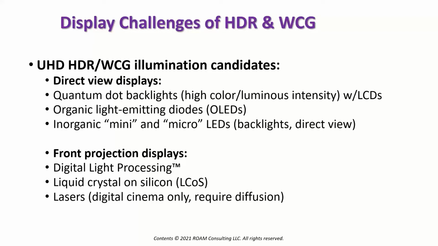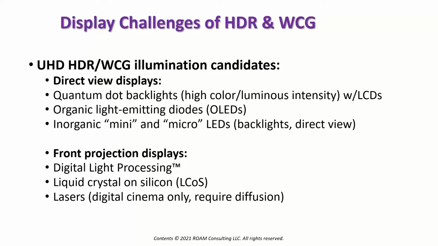For front projection, there's digital light processing, DLP, which is the technology that BenQ uses, and DLP is used in cinemas to show high dynamic range, wide color gamut films and movies. So it works quite well for that. Liquid crystal on silicon, LCOS, is basically the technology that's used in Sony projectors in movie theaters. And then lasers.